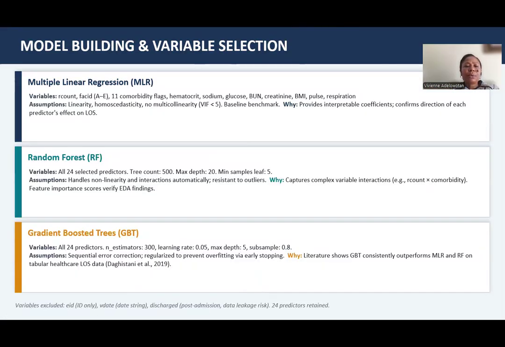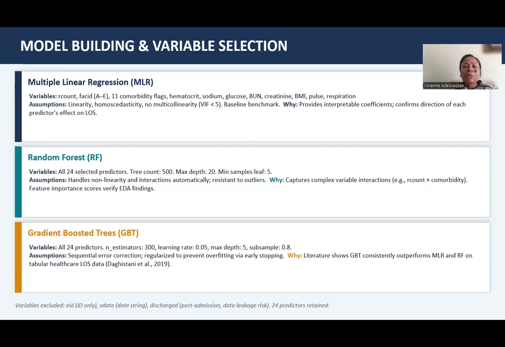Model building and variable selection. 3 variables were dropped in this project. The first is encounter ID, which had no predictive value.